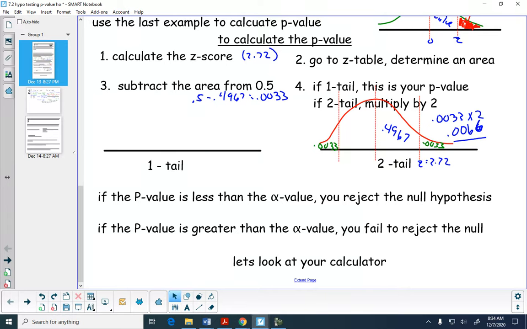Well, if we take a look at this, our p-value comes down to 0.0066. And this is less than the alpha value. 0.0066 is less than 0.05. So we can reject the null hypothesis.